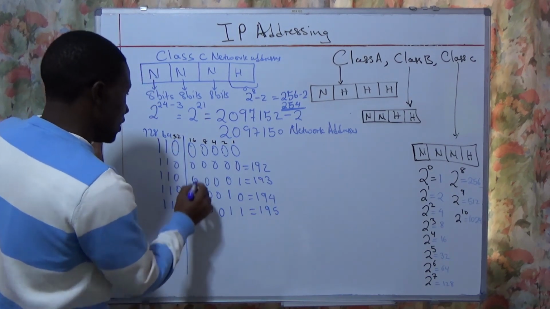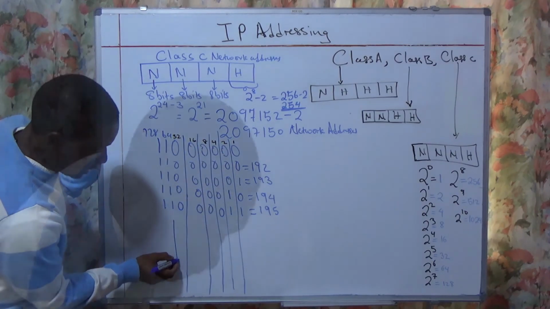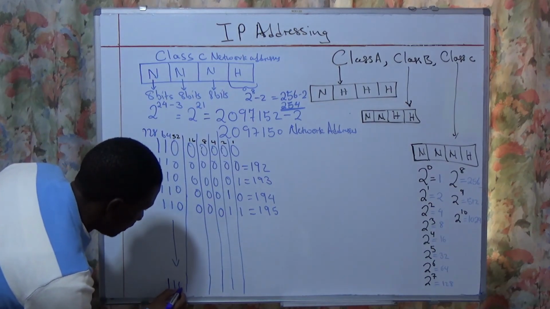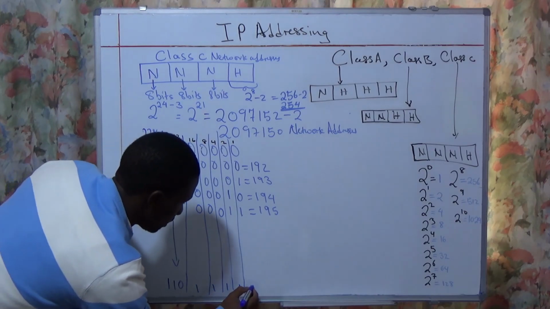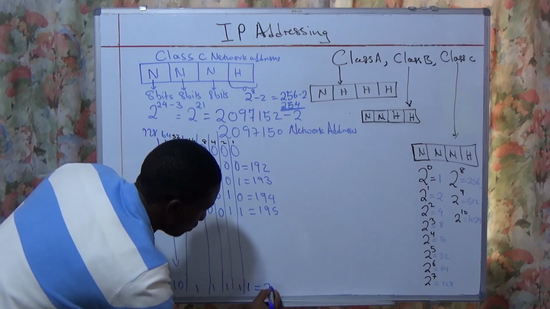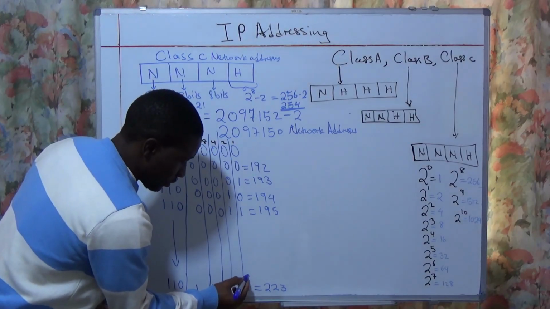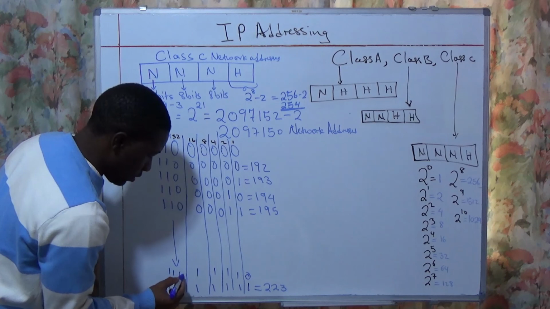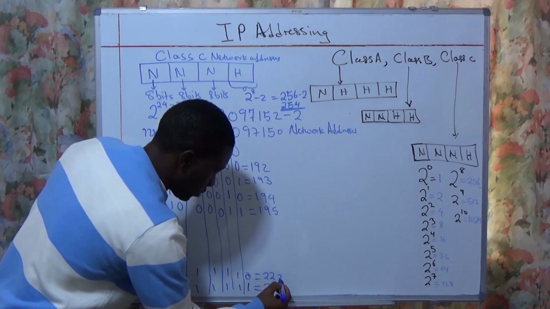So here we shall still assume that we have computed everything, and we shall have 1101111, which will give us 223. Let's try to compute the last one. 0111110 will give us 222.